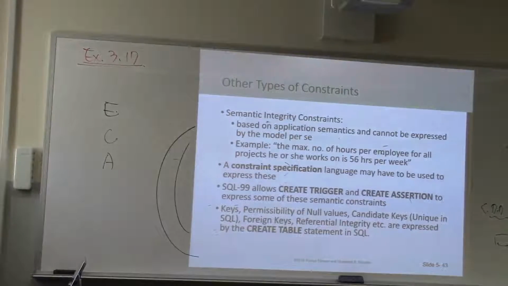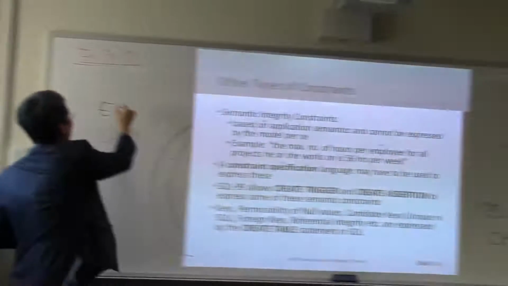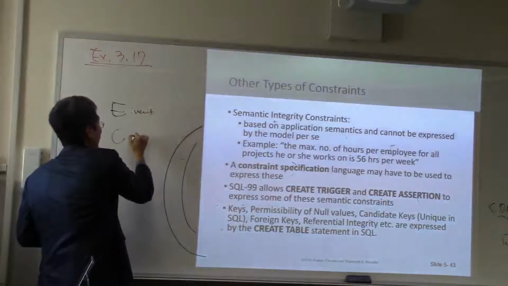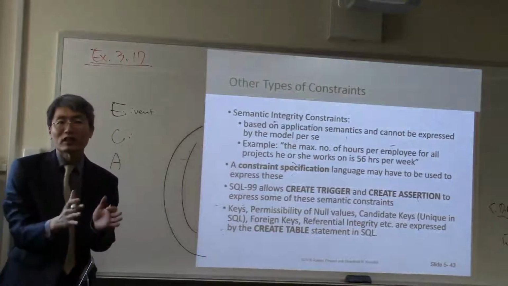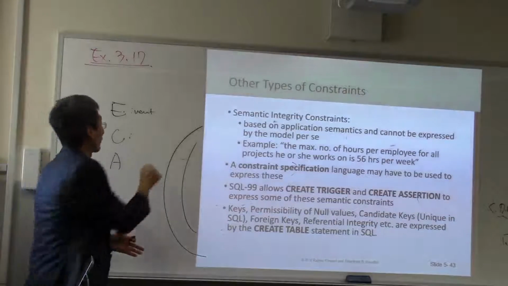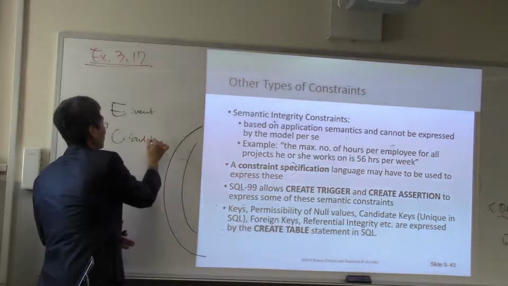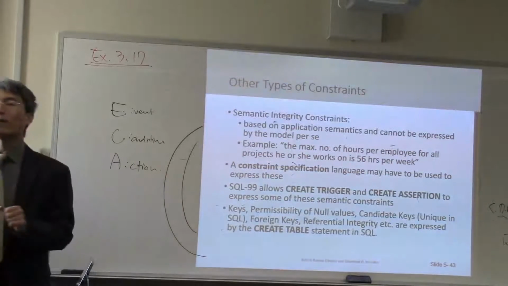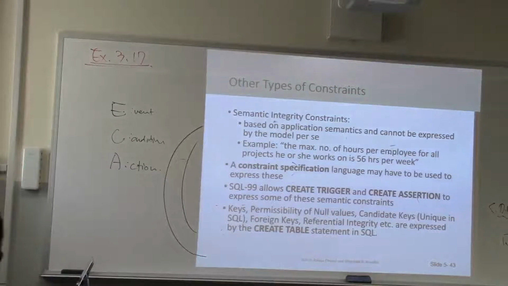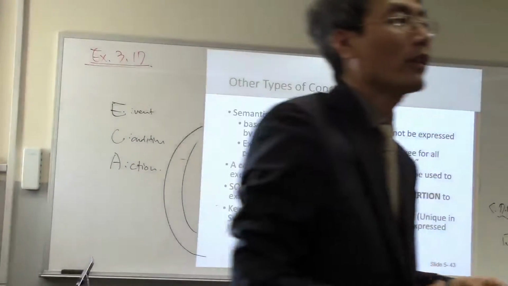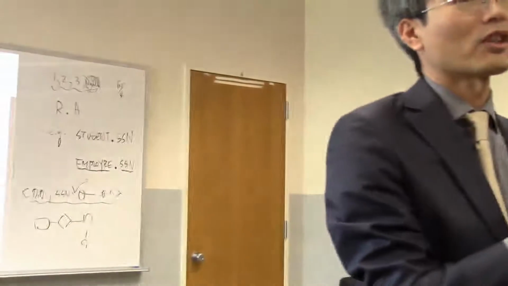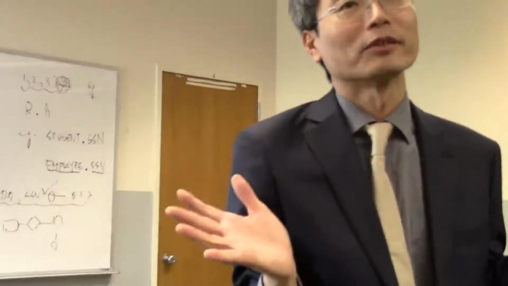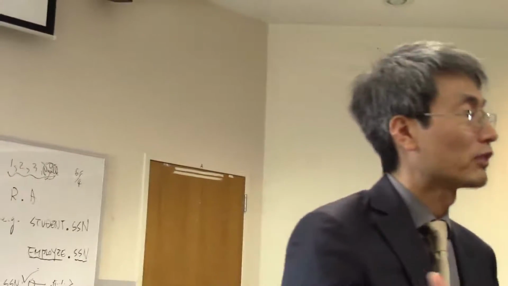Event, condition, and action, which means if something happens, event, check whether that event satisfies the condition. Okay, condition. Then do action if yes. For example, there's a new employee. Okay, so we decide to negotiate the salary. So salary is 100,000. Okay, then that is the event.